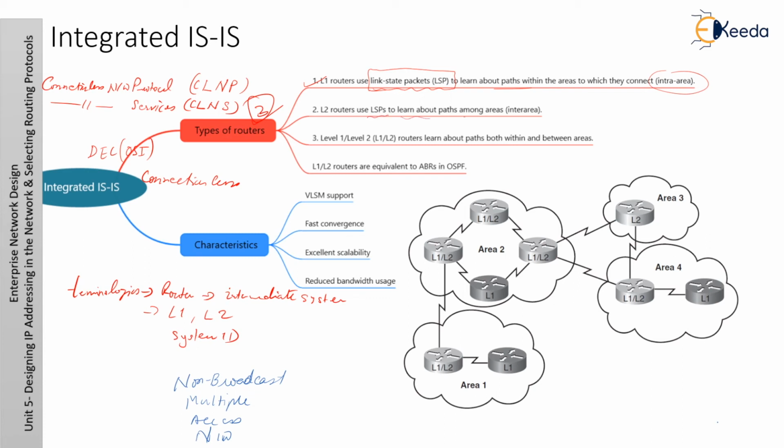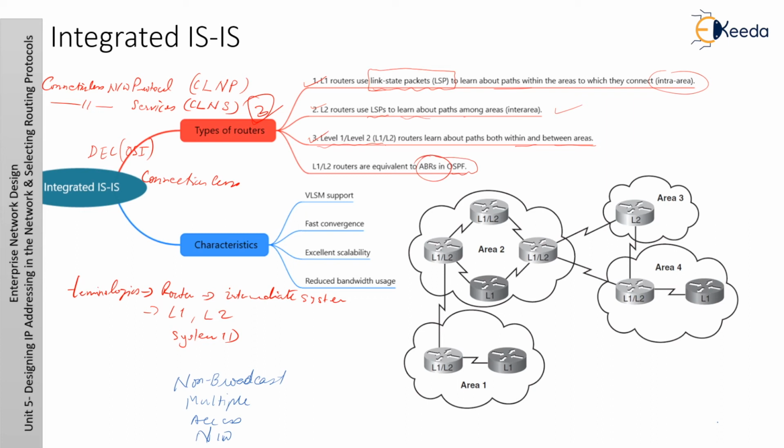Means between two areas it is used, and this is inter-area. Then third is level 1/level 2. Both levels are there. These routers learn about paths both within and between areas. L1/L2 routers are equivalent to ABRs in OSPF. Fine.